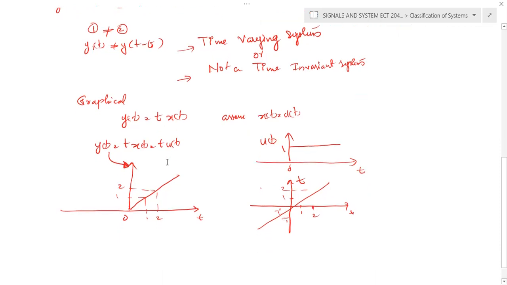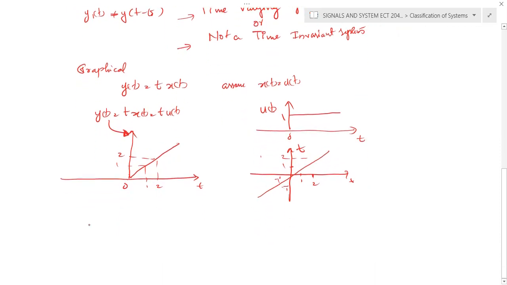Okay. Now we can apply a shifted version of the signal. Here x of t is equal to u of t.